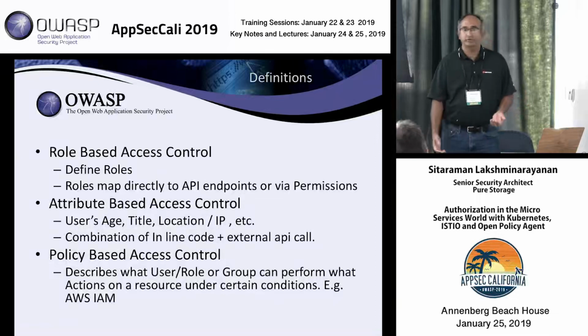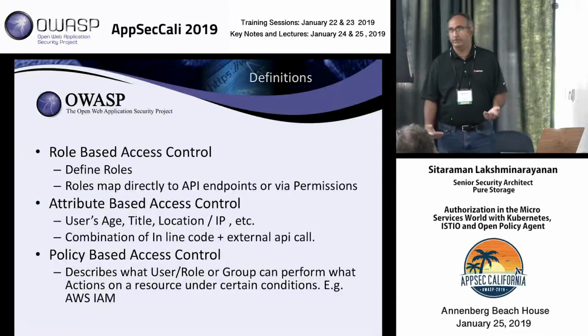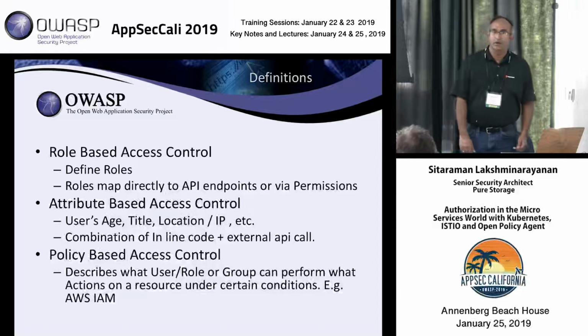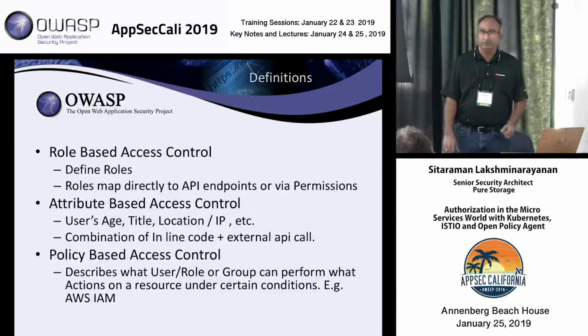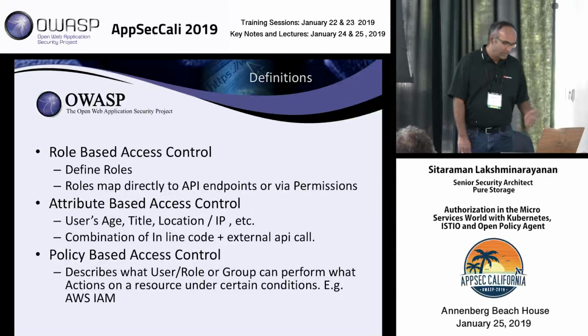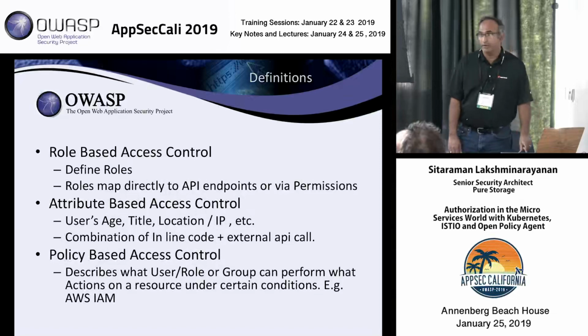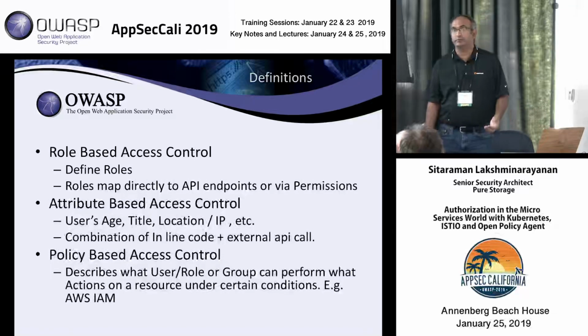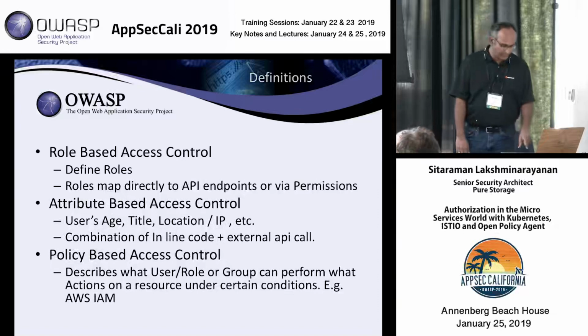And you add some conditions to it. Conditions can be IP address based or a certain level of clearance, whatever it is. A good example of policy-based access control would be AWS IAM policy. If you have configured that, you probably can relate to that.